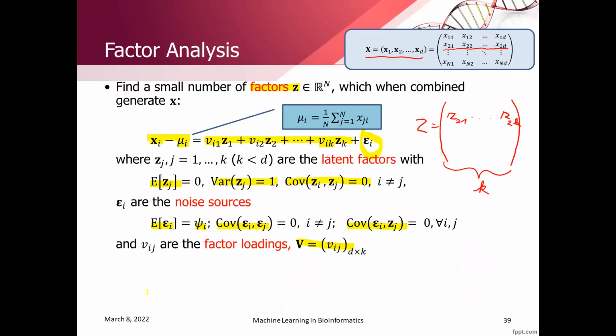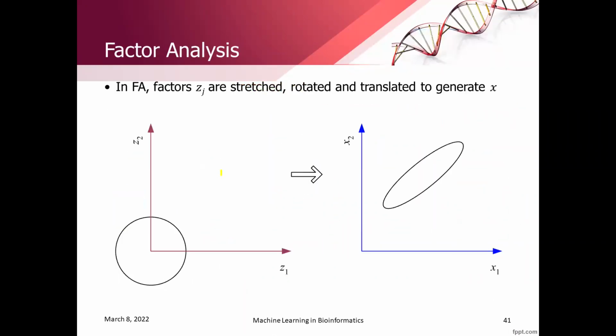So the mean for each factor is 0, and the variance is exactly 1. These data are in all dimensions almost homogeneous, and we transform them by multiplying and rotating. So we obtain the original data.